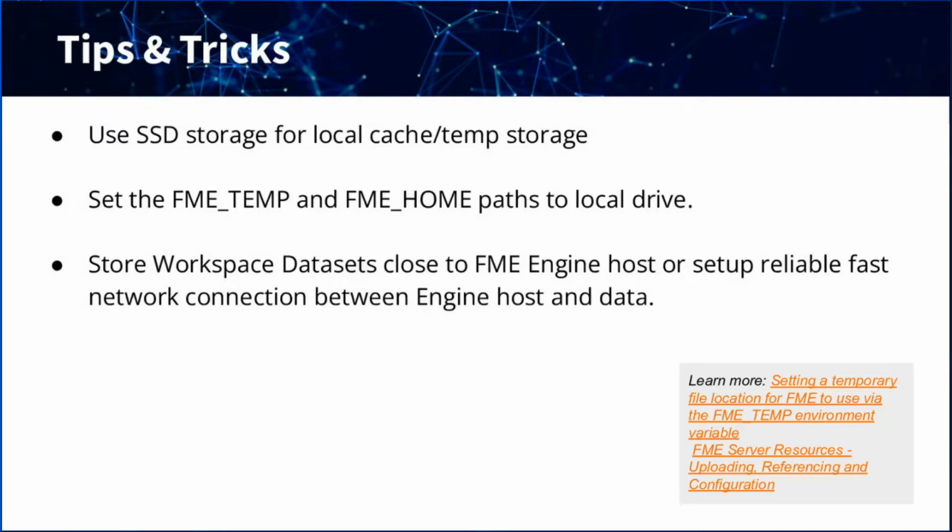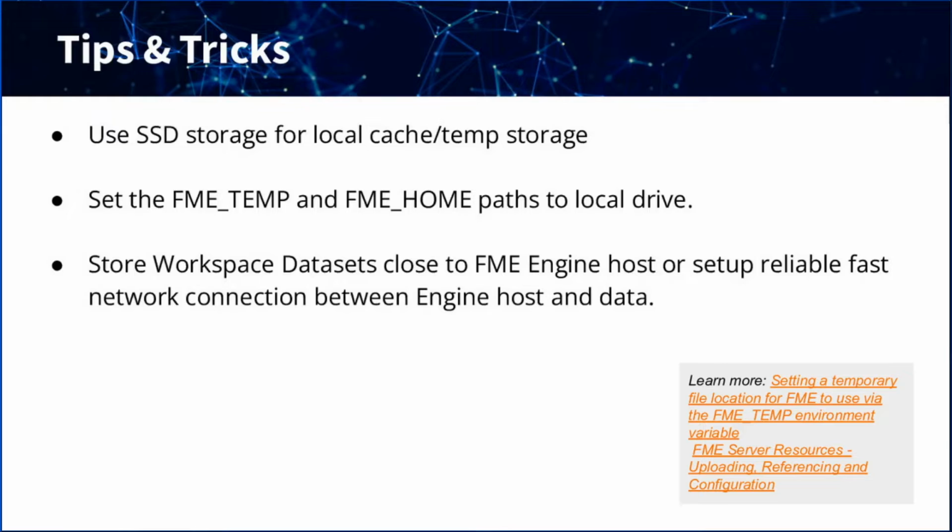Continuing our discussion on engine requirements, for high data input-output rates, consider using SSD storage for the engine host local cache or temp storage. When FME is running a large translation, it usually requires a lot of temporary disk space. So wherever possible, try to use a different disk to the one used by the operating system.